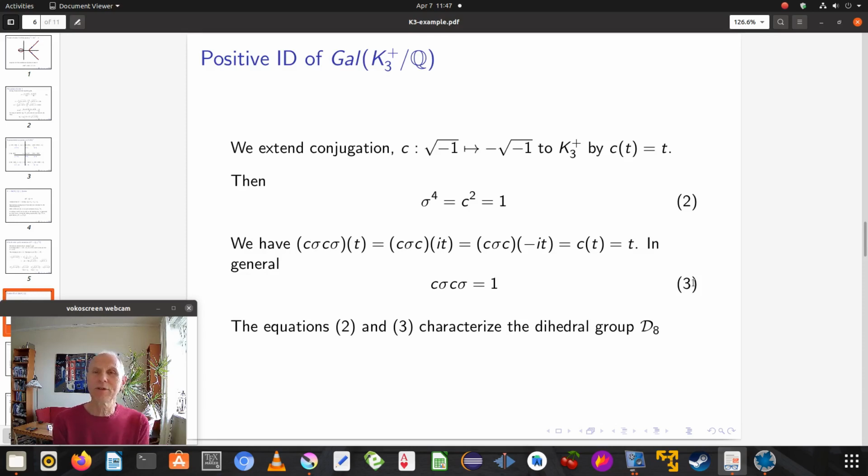I think it's very good to have the idea that we construct all finite words of the letters sigma and c, and then adding the empty word and using concatenation as the operation, and sigma to the fourth and c to the second is equal to the empty. It's clear that we have a group. If you concatenate sigma with sigma to the third, you get the empty one, so it's obviously a group.